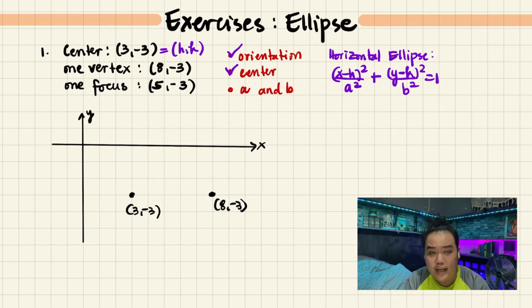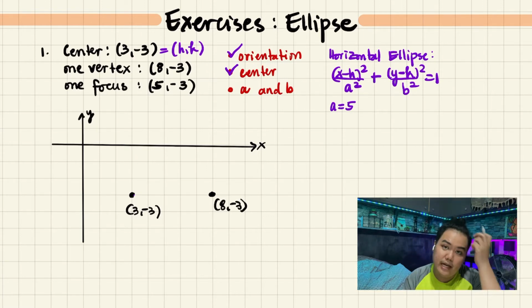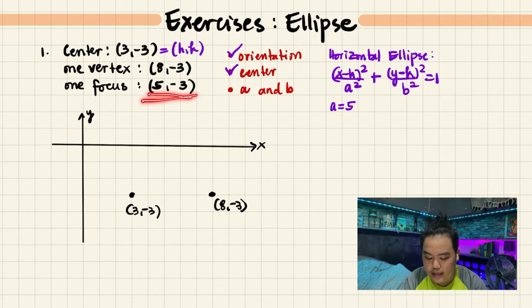Ano yung A? Distance from center to one vertex. Pero anong distansya nito? 1, 2, 3, 4, 5. Or ima-minus nyo to. Which is 5. So that is our A. A is 5. Yung B, hindi natin malalaman kasi wala tayong endpoint ng minor axis. Malalaman natin yun using the focus.